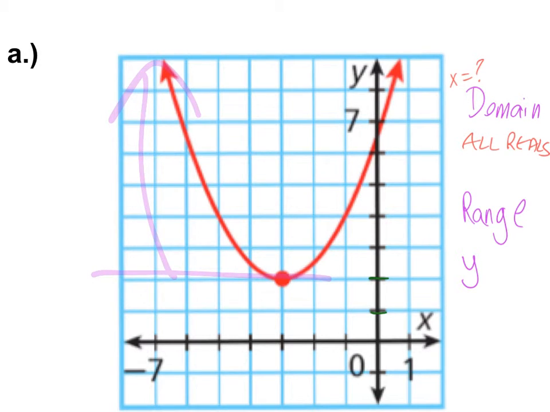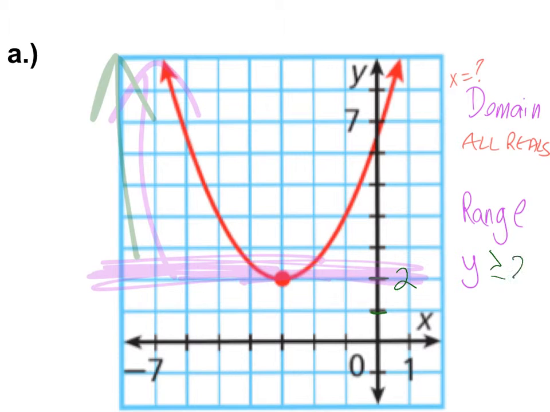It's all of that stuff up there, isn't it? It's from here all the way up. There are no y's underneath this. So, what y value is this vertex at? 2. So the range is going to be that your y's are greater than or equal to 2, because it's 2 or higher.